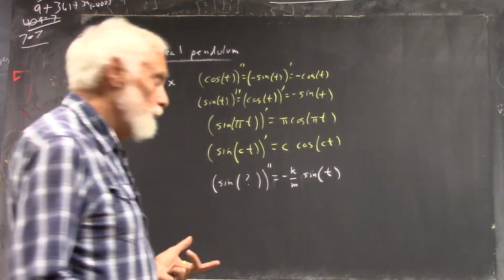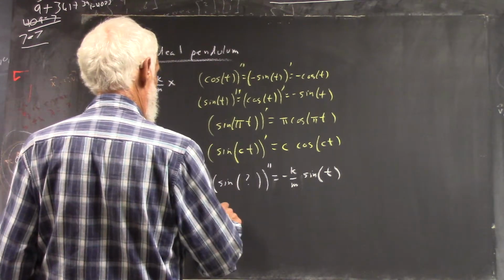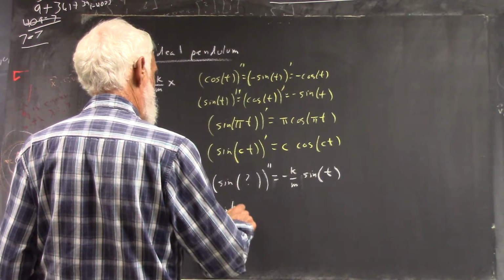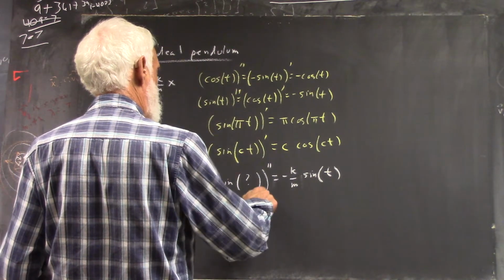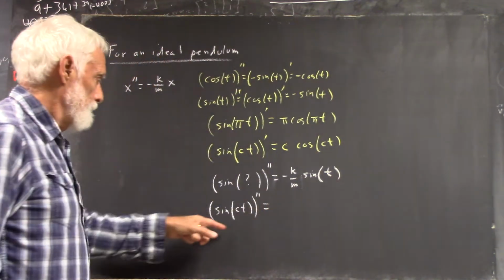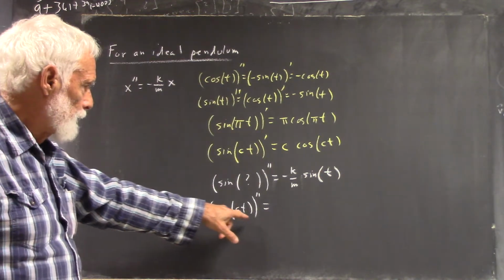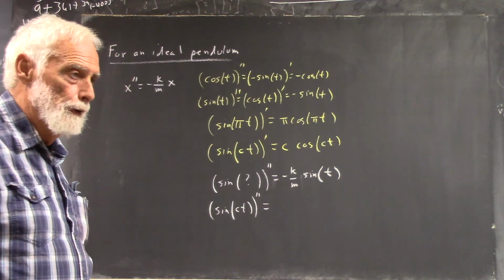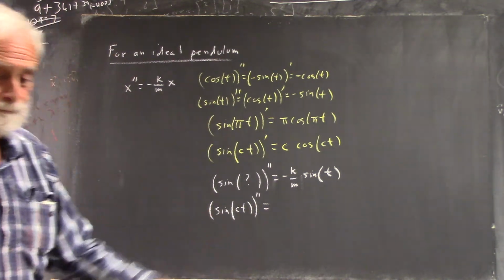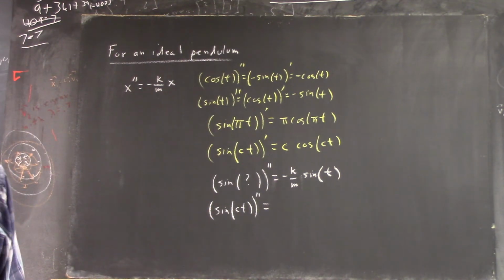Well, just do this. Take a second and calculate the sine of ct double prime, in other words, the second derivative of the sine of ct. Now come around, look over your shoulder, see if you're getting it. If not, I'll give you some hints.